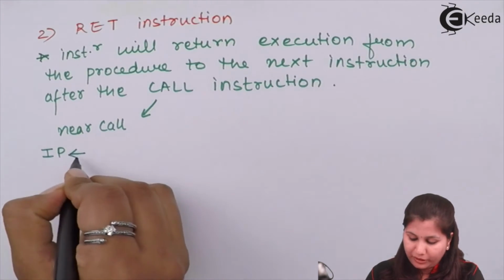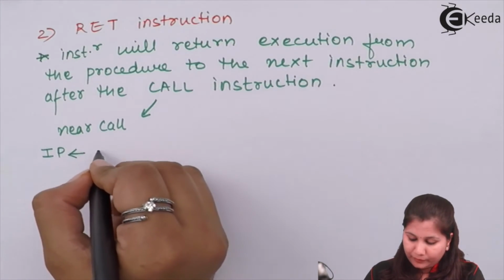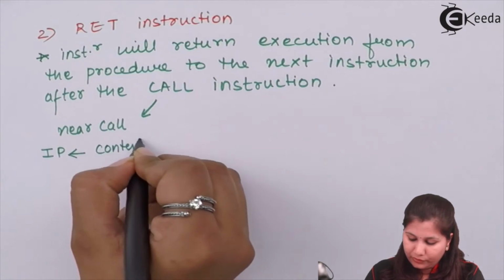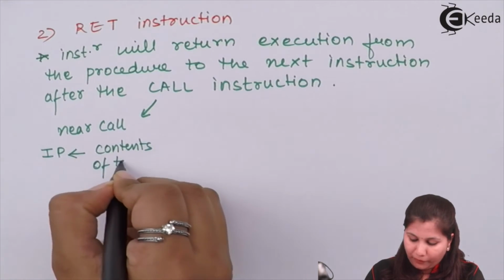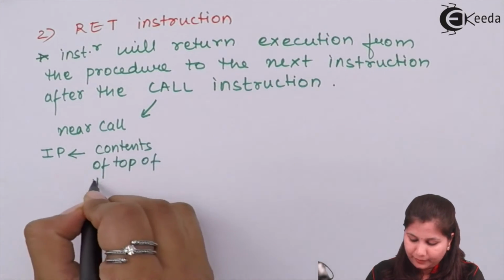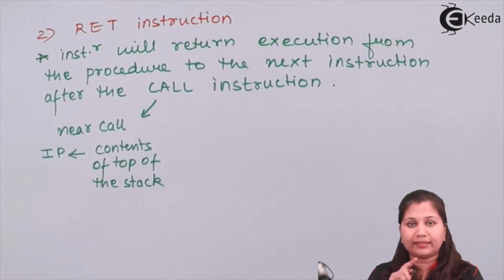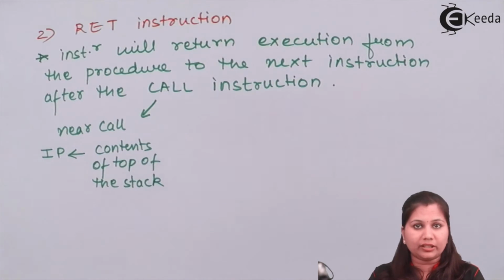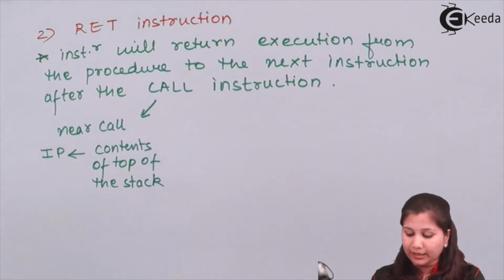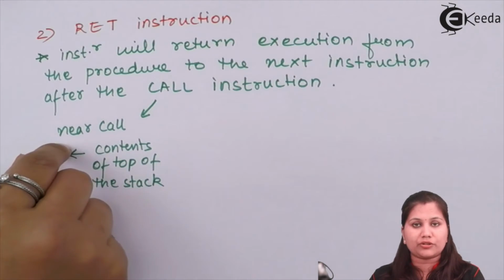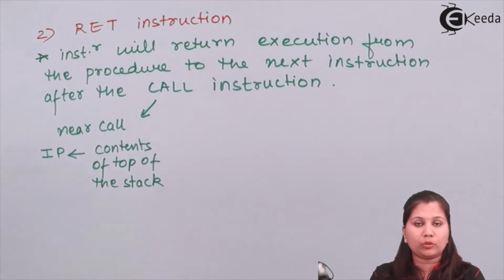The instruction pointer is loaded with the contents of the top of the stack, because in the stack at the time of the call instruction, the address of the next instruction was stored. So when it is returning, it retrieves the addresses from the stack, and that is loaded in the instruction pointer so that the main program execution can be resumed.